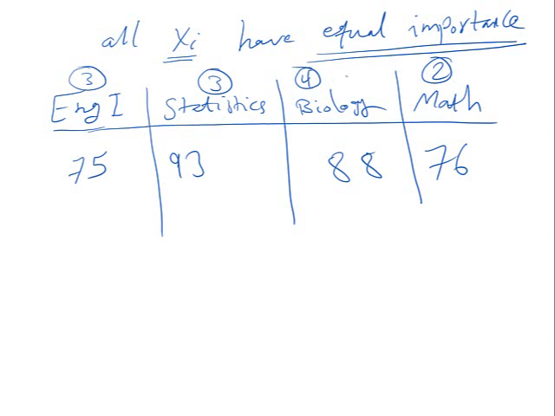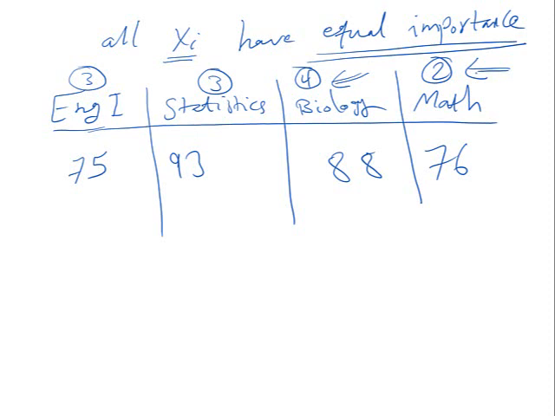In this example, biology, as you see, is considered more important than the others. It has 4 credit hours, while the math course is considered less important than others.